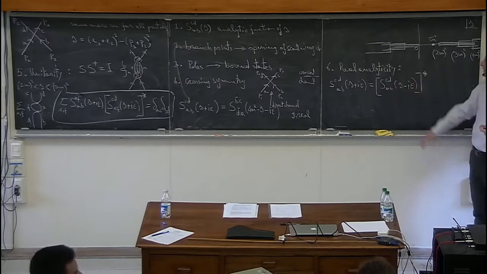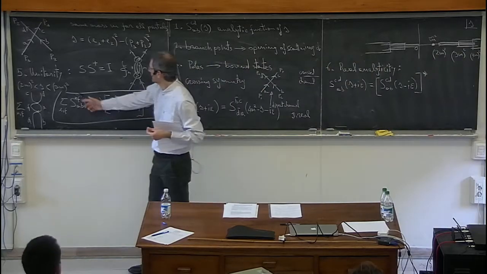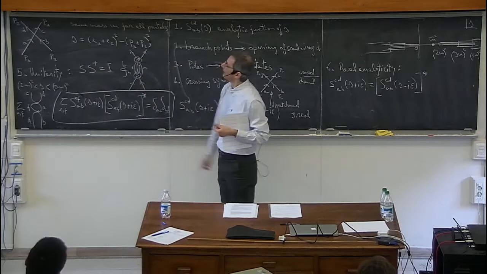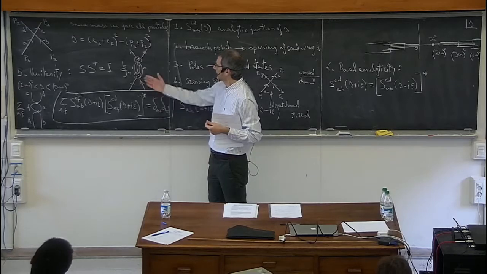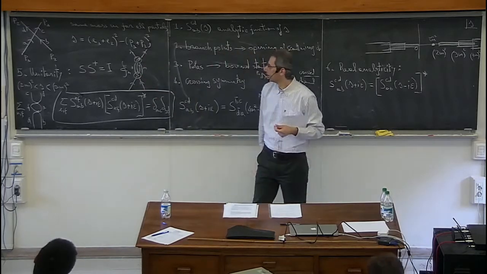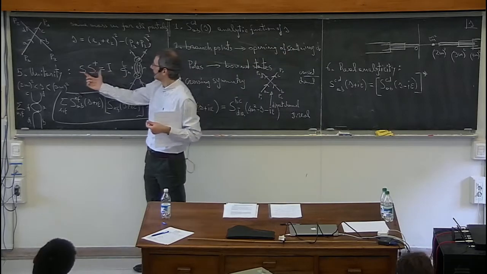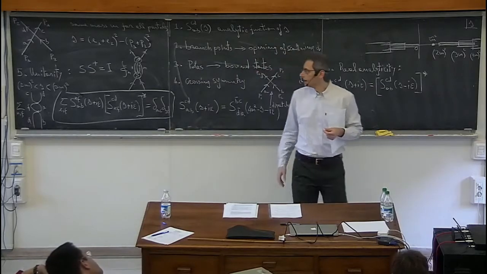As Filippo is saying, unitarity here expresses the fact that the probability in the scattering is conserved. If you think of what these matrix elements mean, if you think of S as matrices, you will see.